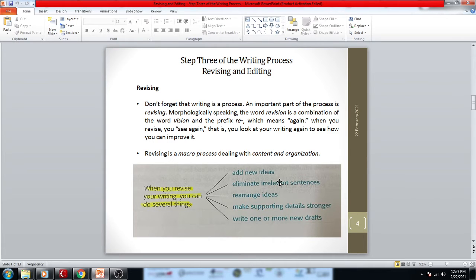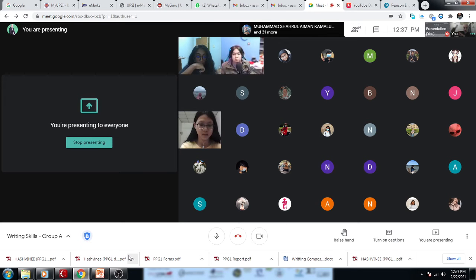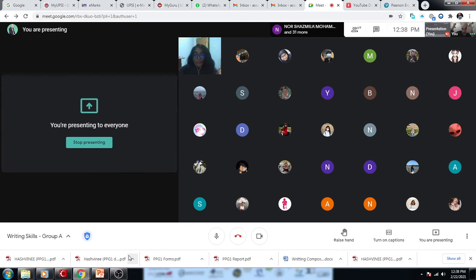You can add new ideas, you can eliminate irrelevant sentences, rearrange ideas. You do the arms. When you revise, you check your arms. You check your arms.